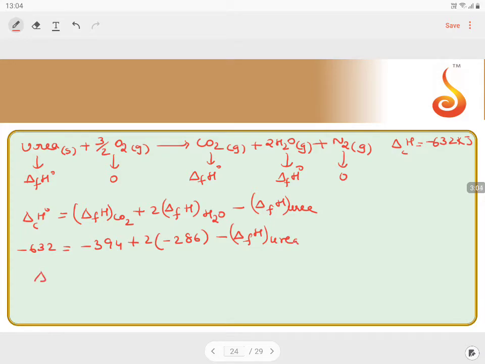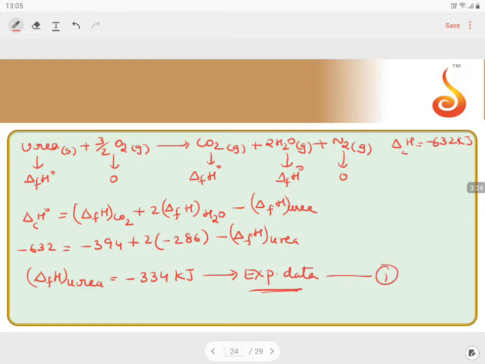So if I find the enthalpy of formation of urea, the answer we get is minus 334 kilojoules. This will be your experimental data, so keep it aside as equation 1.